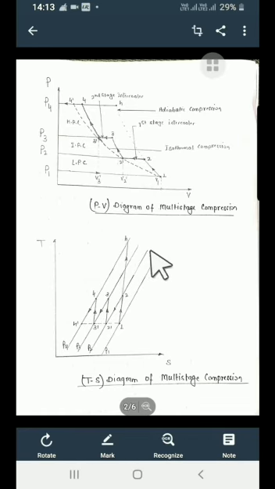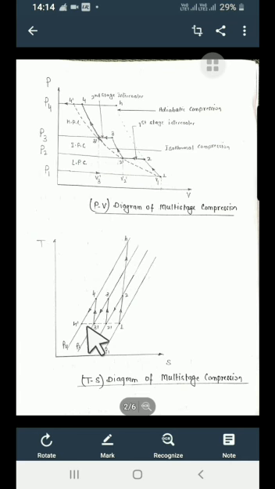This is the TS diagram of multi-stage compression. 1-2, 2 dash-3, 3 dash-4 is the isentropic compression process. So, in the TS plot, it is a vertical line because the entropy is constant in an adiabatic compression process. 1, 2 dash, 3 dash, 4 dash represents the isothermal process, so the temperature of all the points must be equal.